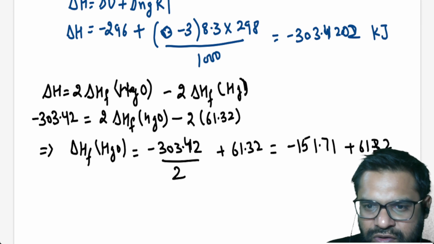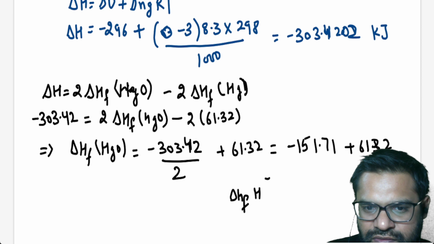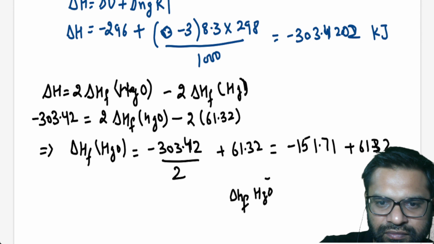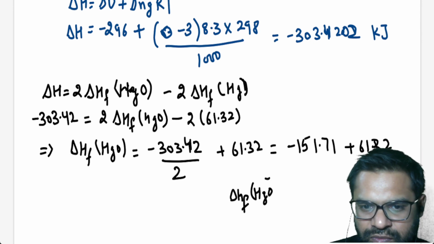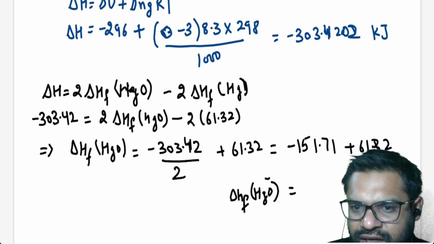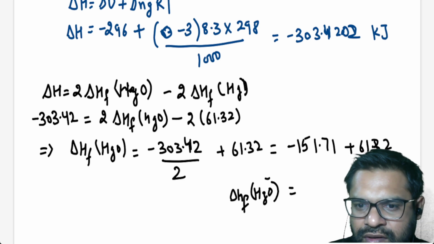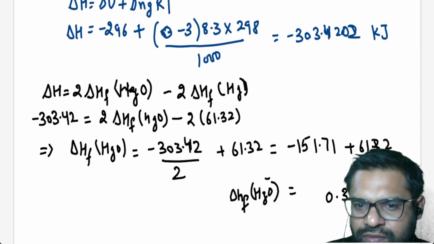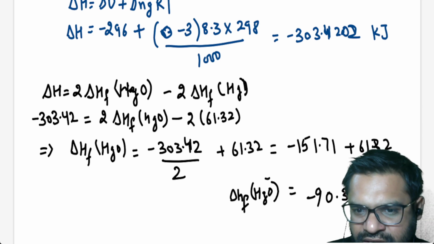So in terms of kilojoules, delta H of formation of HgO will come out to be minus 90.39 kilojoule per mole.